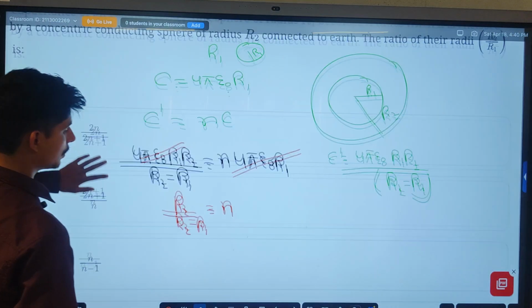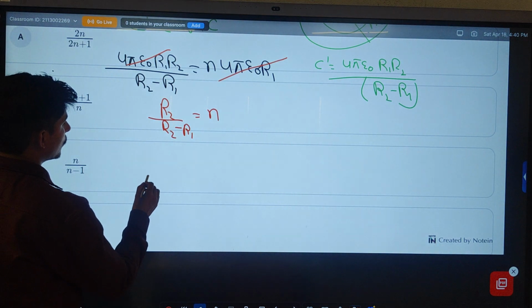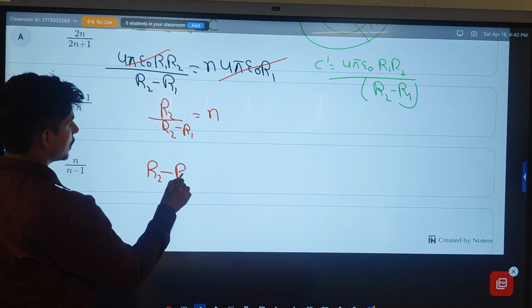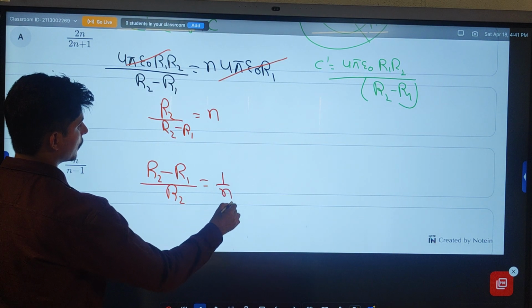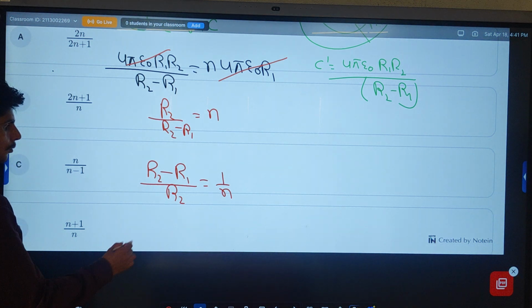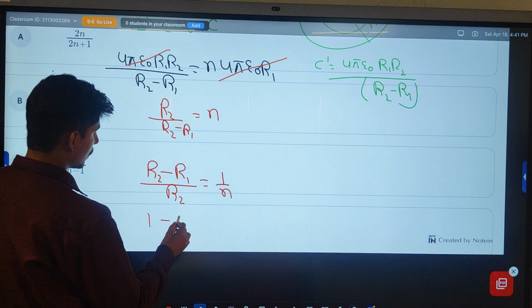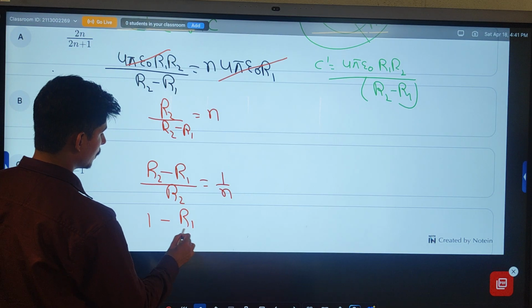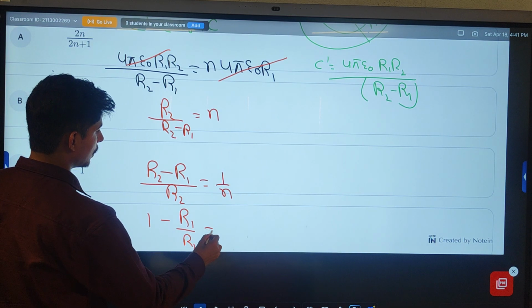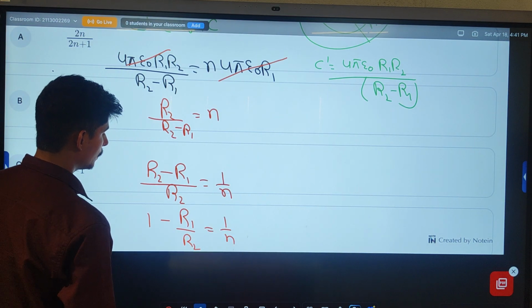If I take the inverse of this quantity, r2 minus r1 by r2, it will be 1 upon n. So 1 minus r1 by r2, which is 1 by n.